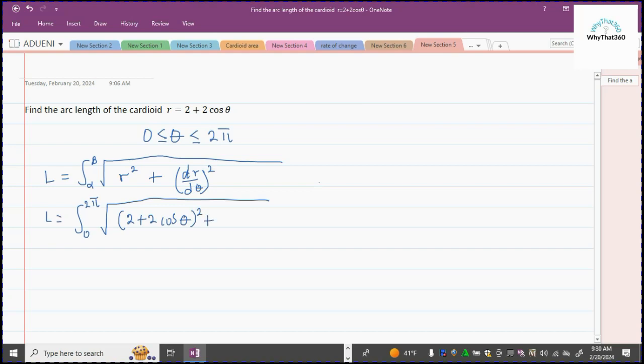Plus, then we differentiate r with respect to theta. After that we will square it. When we differentiate r, which is equal to 2 plus 2 cos theta, we all know that one is going to be negative 2 sine theta, all squared.